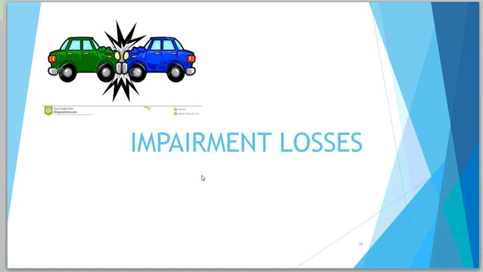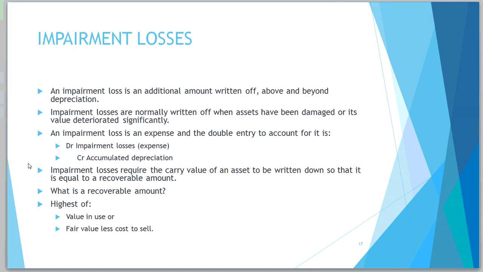The next topic is impairment losses, and impairment losses will now be new to the students. All right, so what is an impairment loss? An impairment loss is an additional amount that's written off above and beyond depreciation, and impairment losses are normally written off because the assets have been damaged or the value deteriorated significantly.